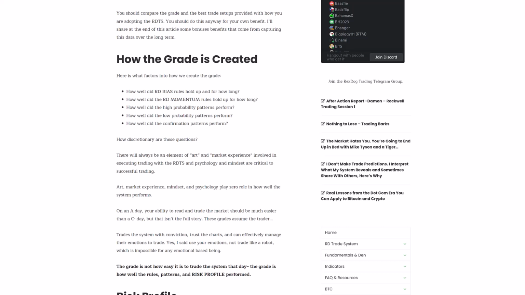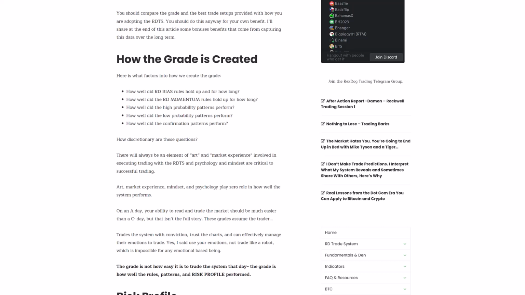How well did the RD momentum rules hold up and for how long? That includes the indicators and all the rules around momentum and how you trade momentum. How well did the high probability patterns perform? How well did the low probability patterns perform? And how well did the confirmation patterns perform?